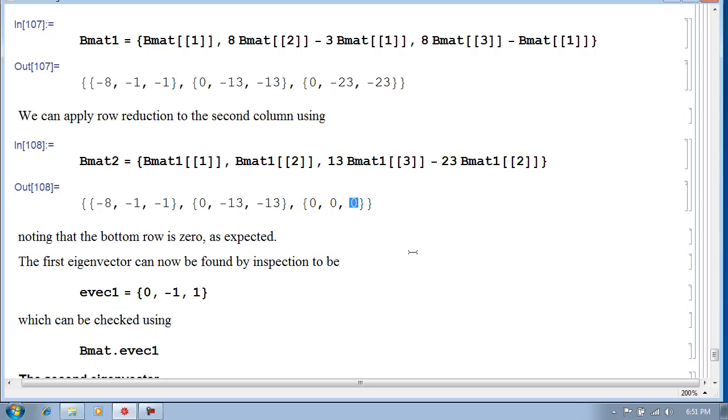The third element we can choose any way we like, so let's choose it to be 1, and then if we look at the second row, we can see that the equation will be satisfied if the second variable is equal to the negative of the first one, so that's minus 1.